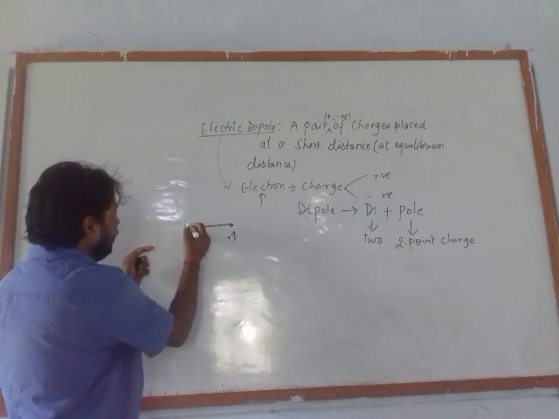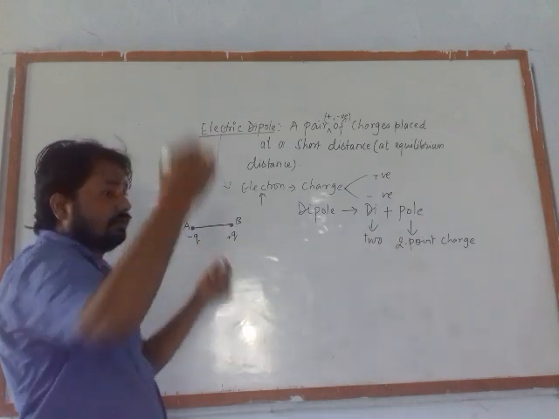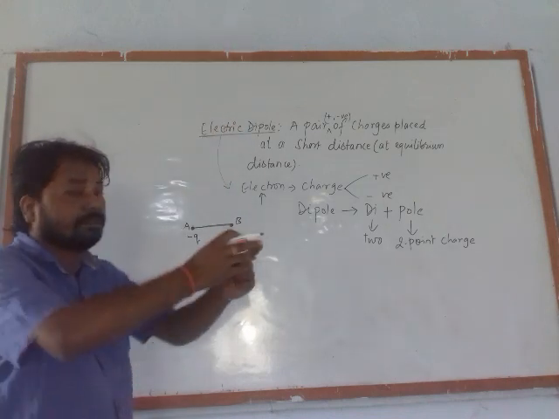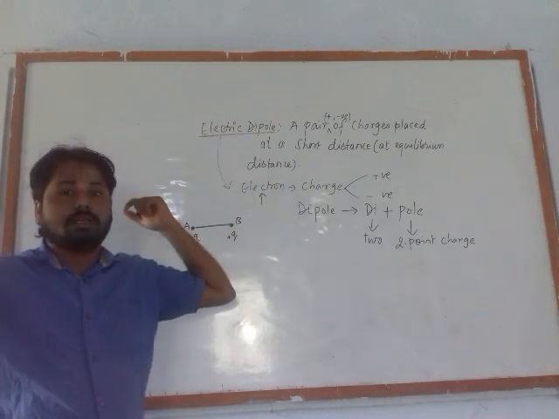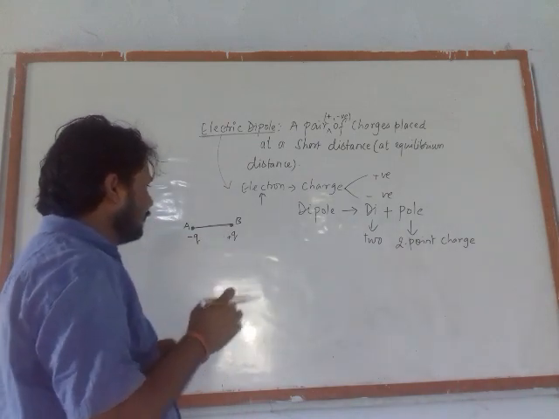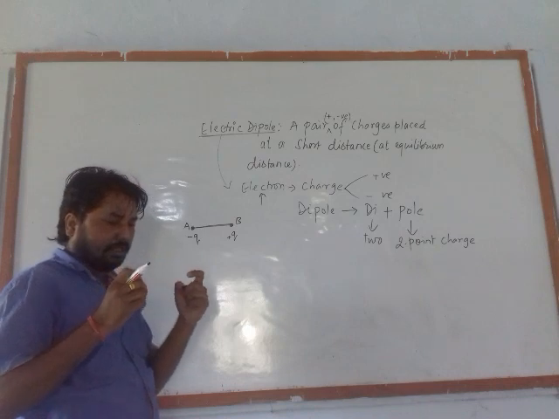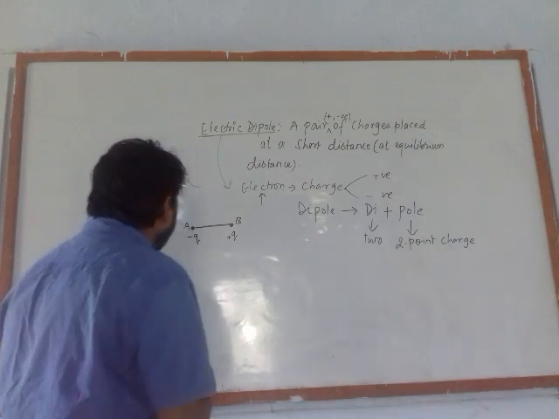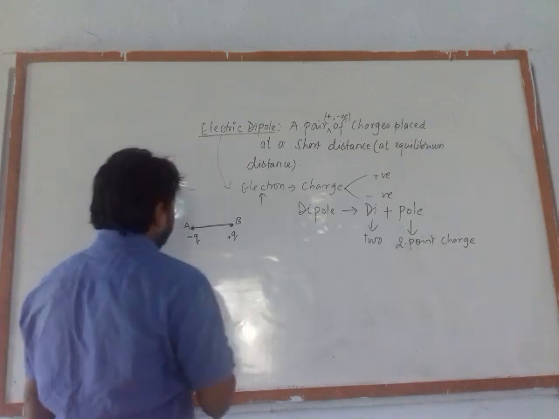It does not mean that one charge is placed at a point A and one charge at a point B very far from each other. No, they should be at an equilibrium distance. The magnitude of the equilibrium distance also can be calculated. So this is called the electric dipole.